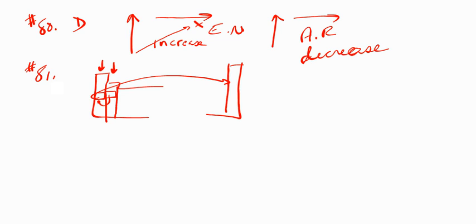That's kind of number 82. Which of the following elements has the smallest first ionization energy? Well, once again, if we look at this, we have sodium, okay.